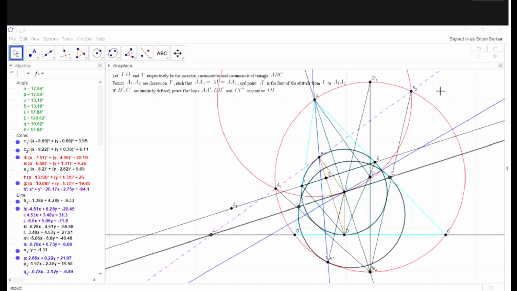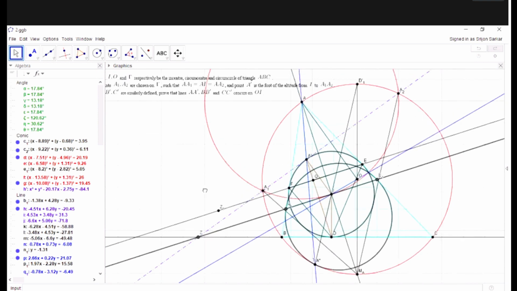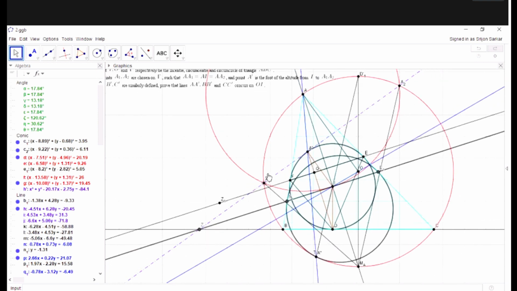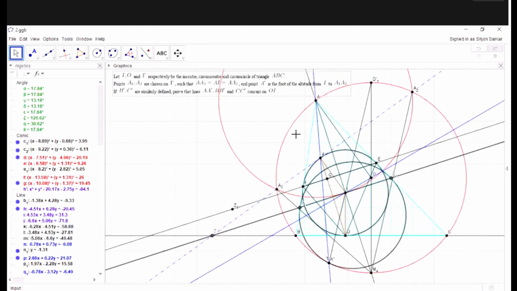That part I just keep because it's not guaranteed that when you make tangents from this point to this incircle, they will meet at A1 only, right? So we name the points as A1 dashed and A2 dashed. Now the Poisson theorem states that then A1 dashed and A2 dashed will be tangent to this incircle, and we already have that condition given in the question that A1 equal to AI equal to A2.